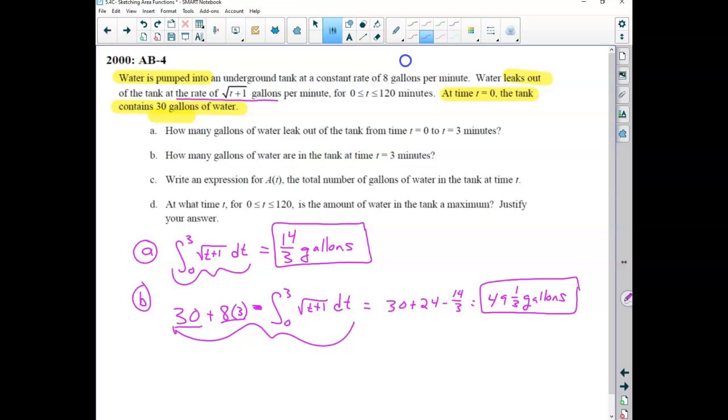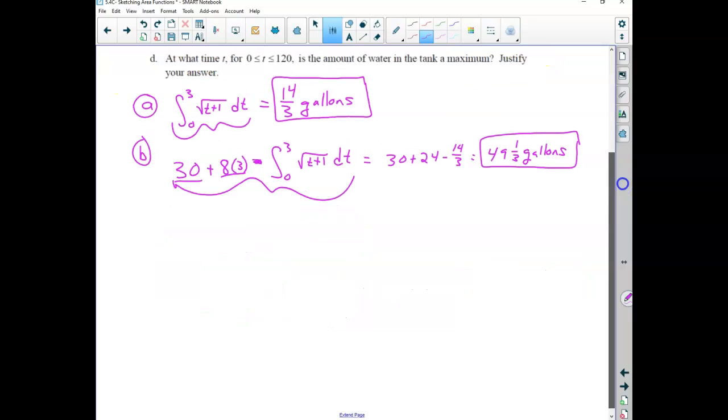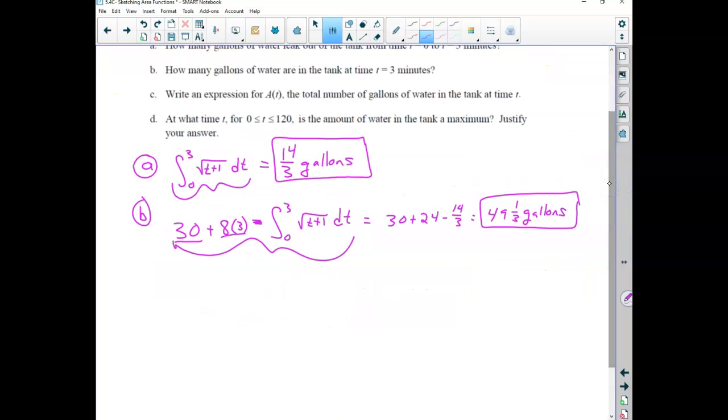Write an expression, A of t, for the total number of gallons of water in the tank at time t. Well, wouldn't you know, we're going to have to do a little function defined as an integral here, right? At any time t, okay?